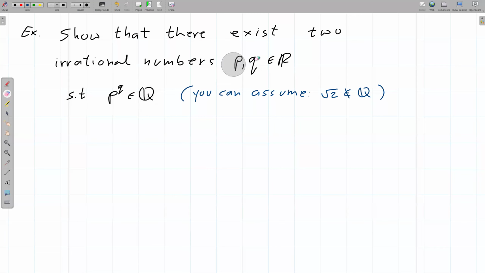So p and q are not rational, but p to the q is rational. And we can assume that square root of 2 is not a rational number. So let's prove it. So we have one irrational number, square root of 2, that is given to us in this exercise. So square root of 2 is irrational.